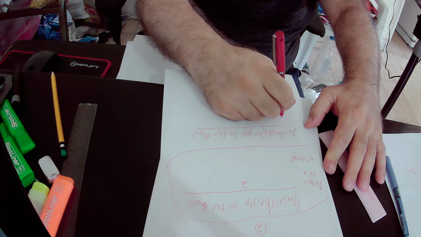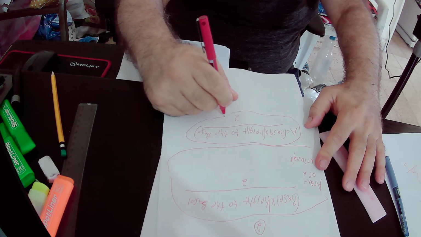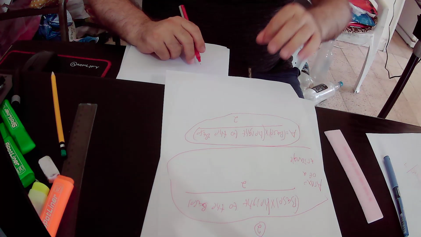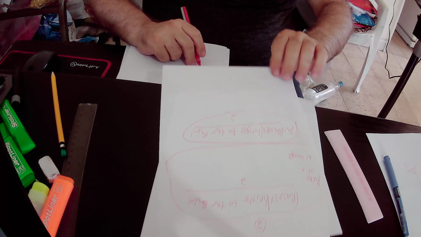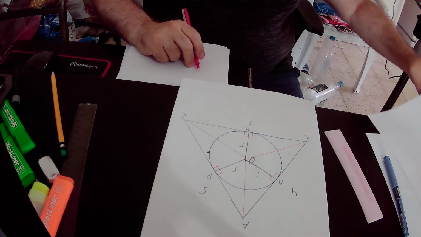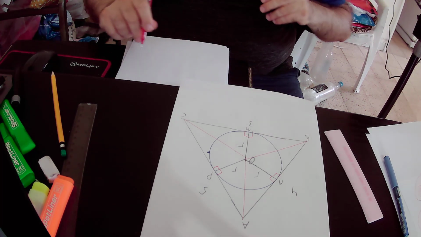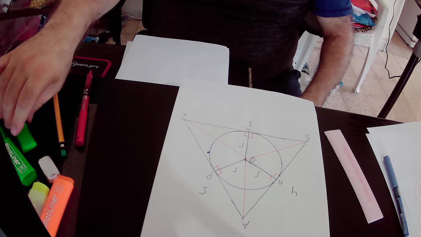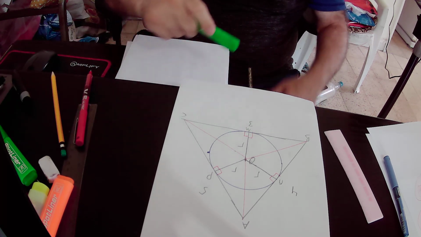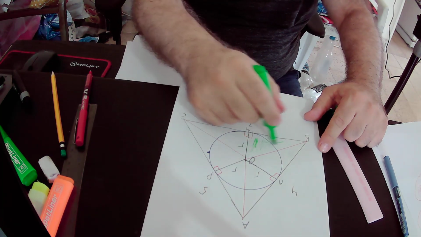So this is the formula for the area of a triangle, base times the height to the base divided by 2 equals the area of a triangle. So we can actually implement this formula in order to calculate the area of triangle BOC, the green triangle BOC.